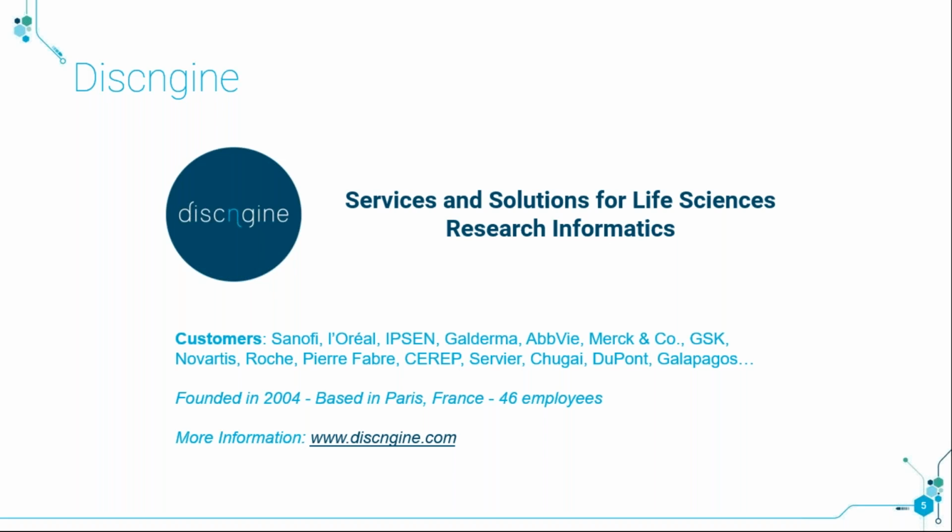Discngine provides services and solutions for life science research informatics, mainly in the early drug discovery process. You may see on the slide a non-exhaustive list of customers. As you can see, we work with big pharmaceutical companies, but also mid-sized biotech and CROs and a few academics.